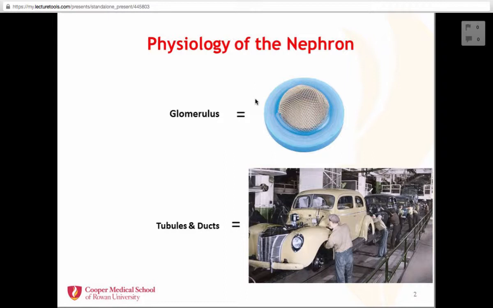It basically makes sure that larger proteins and cellular elements, red blood cells, white blood cells, are not entering into the tubule. The remainder of the tubules and ducts you can really think of as an assembly line.